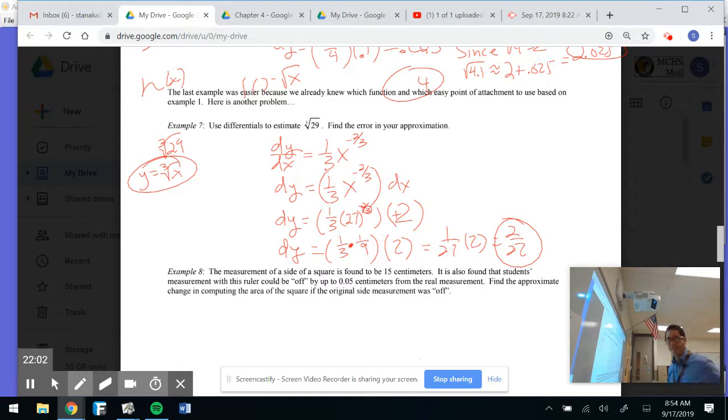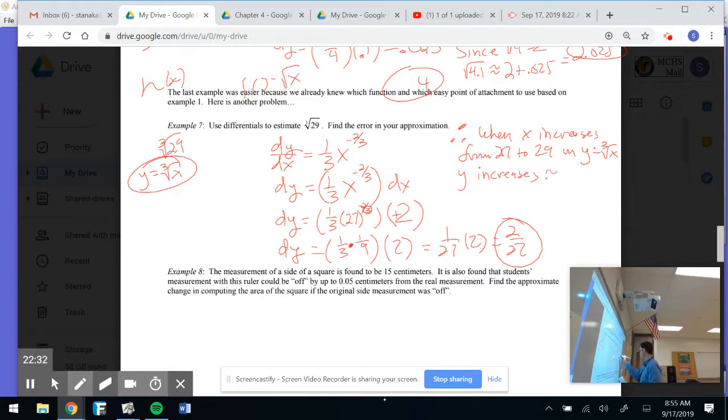So let's make our cool little statement then. Therefore, when x increases from 27 to 29 on my graph of y equals the cube root of x, y increases by approximately 2/27.